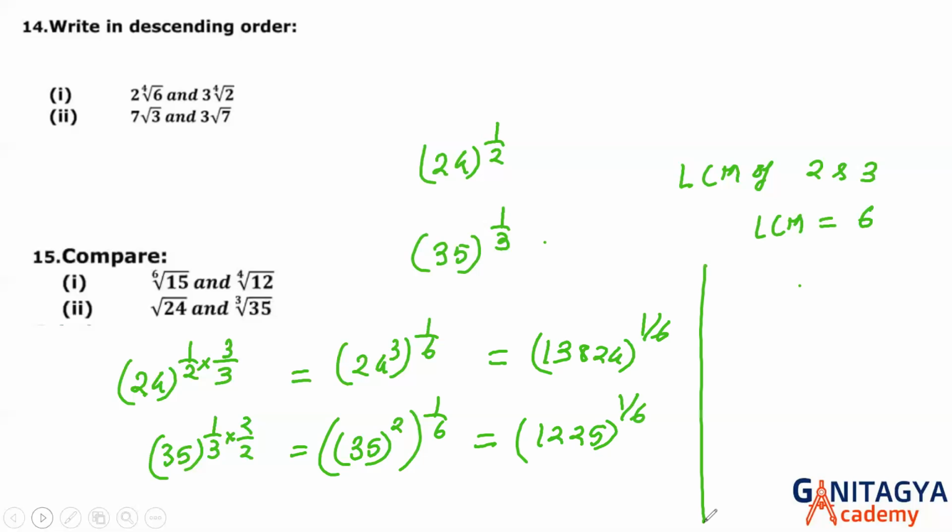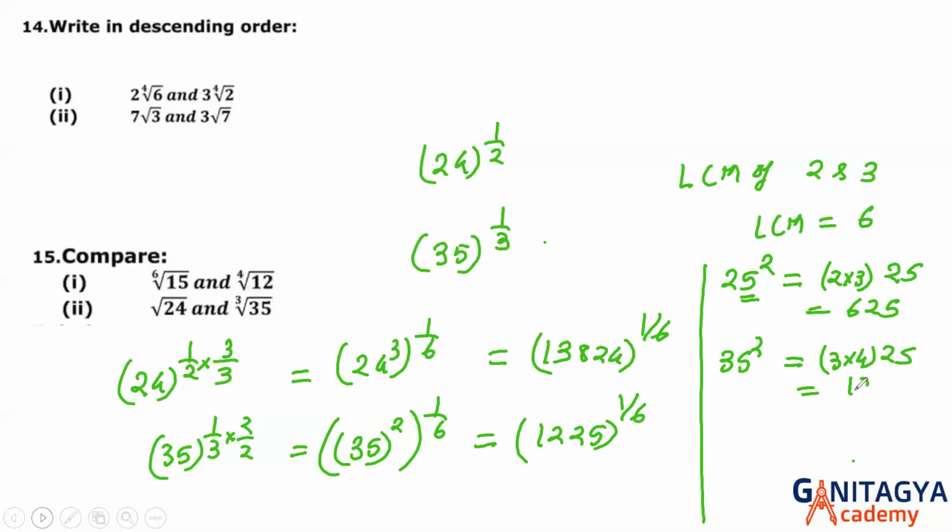Let me tell you, if you don't know. See, for 25 square, 5 square is 25, and 2 into 3 gives 6, so this is 625. If it is 35, then it is 25 at the end and 3 into 4, so that is 1225. If it is 45 square, then 25, and 4 5s are 20, so this is the method.